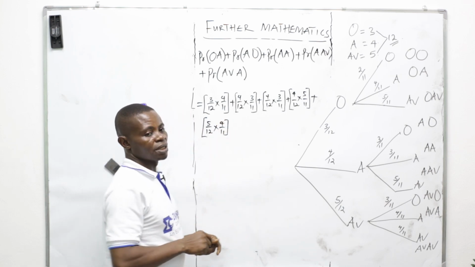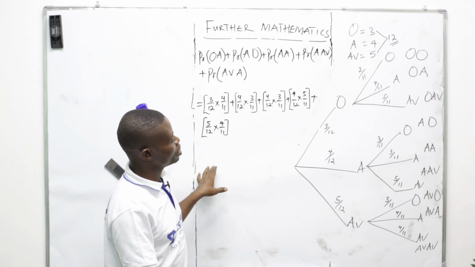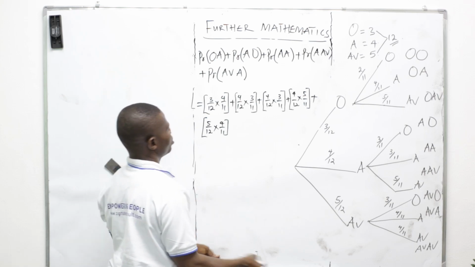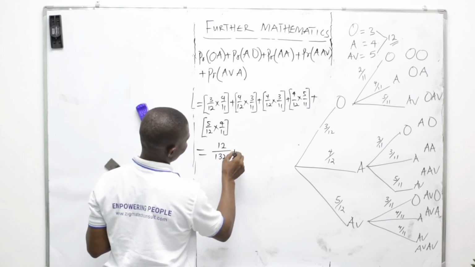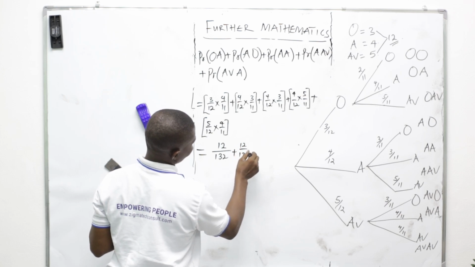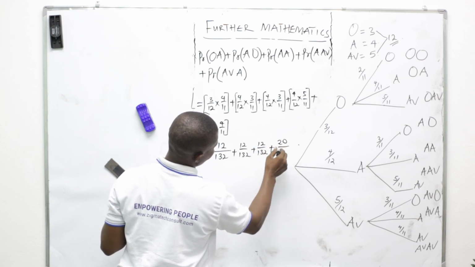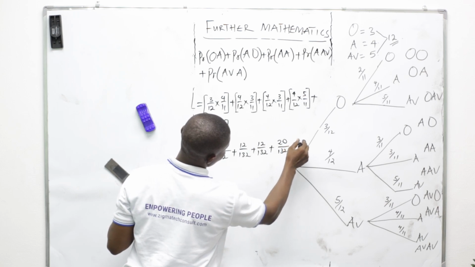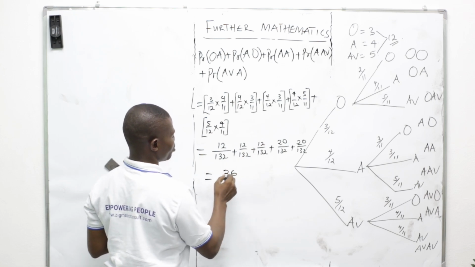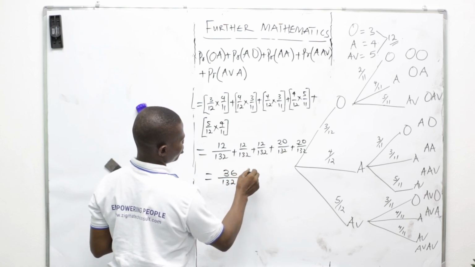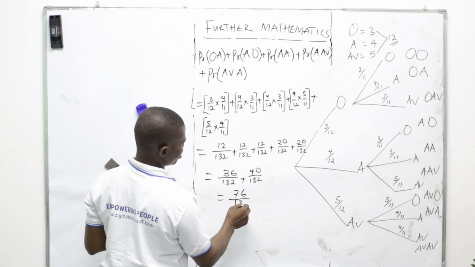The good thing about probability is that all the denominators must be the same. Otherwise, something is wrong somewhere. So you have 12 all over 132 plus 12 over 132 plus 12 over 132 plus 20 over 132 plus 20 over 132. So this will give us 12, 12, 12, 36 all over 132 plus 40 all over 132 to give us 76 all over 132.